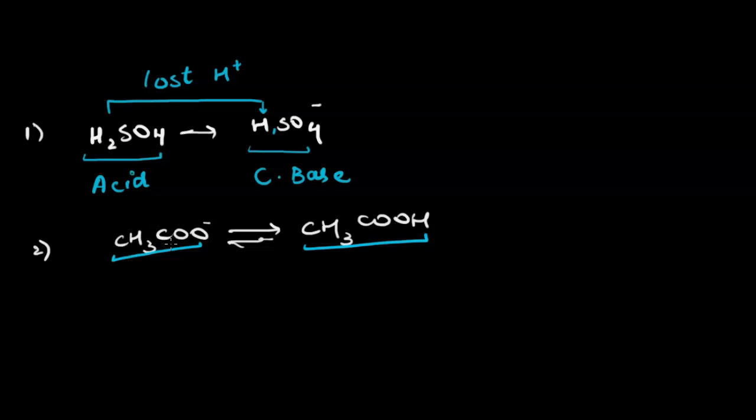However, the reaction is read from left to right. So in this case, in order to form CH3COOH, CH3COO negative has gained an H positive ion. Therefore, this is called a base and this is called a conjugate acid. And this is how we identify, given a conjugate acid-base pair, which one is a base and which one is its conjugate, or vice versa.